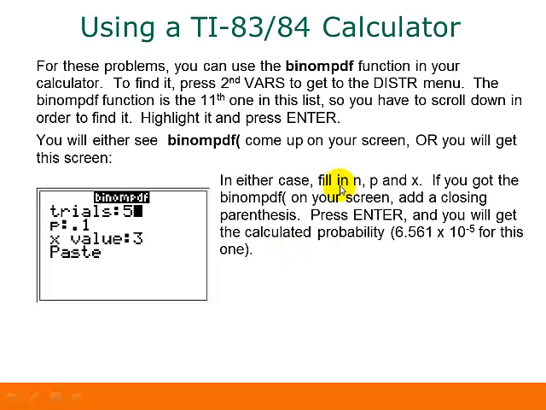In either case, you need to fill in n, p, and x. If you got the binomial PDF with parentheses on your screen, put in the value of n, a comma, the value of p, a comma, and the x, and then add a closing parentheses. If you got this screen, just put in the different values and enter until you get to paste, and then enter again.